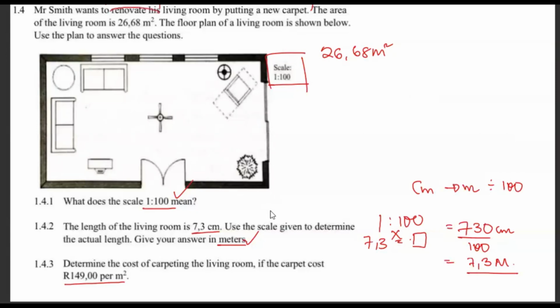So we shall say 26,68 times 149. We end up having the answer as 3,975.32.